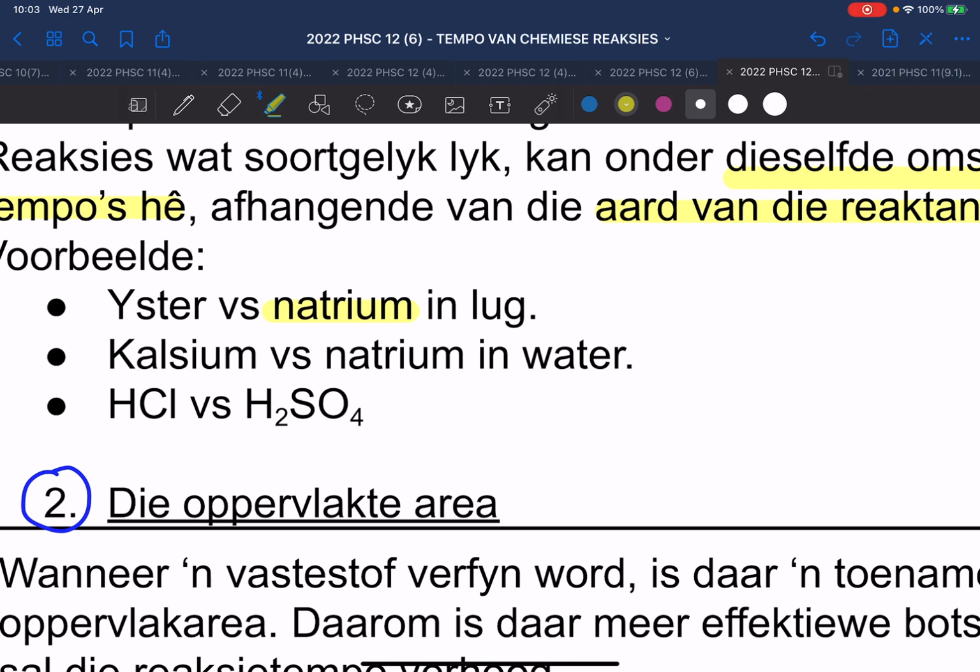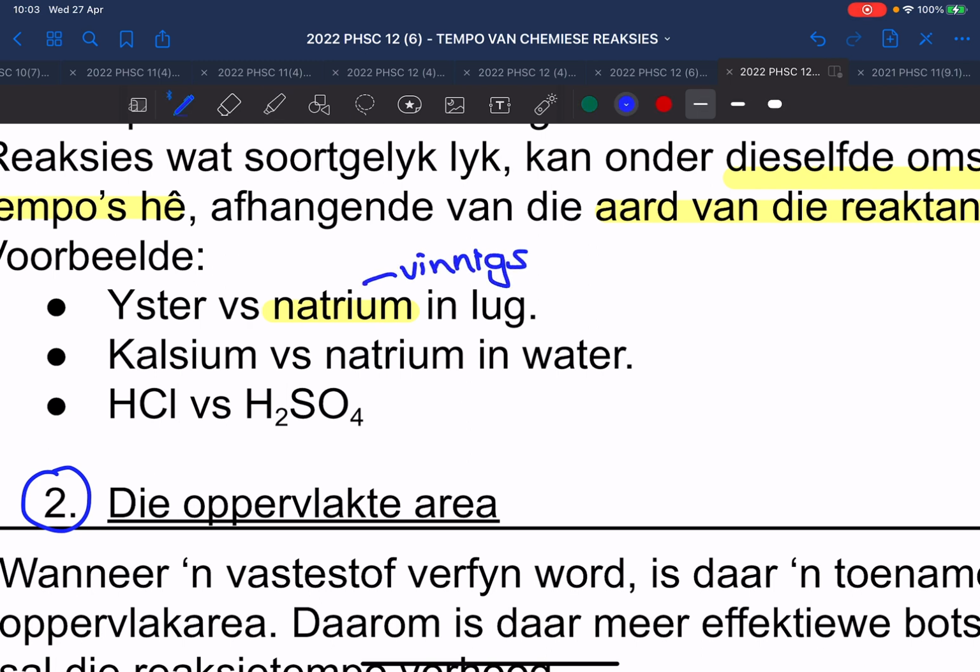Yster gaan lank vat om te roes. Iron will take very long to rust. Sodium reacts like this. So yster los ek hier agter net oop. I just leave it open. I don't do anything with it. Sodium we keep in an airtight container inside oil. Okay. In olie. Want as dit in lug kom, if it comes in contact with air, then it starts to react. Okay? So natrium gaan die vinnigste wees.